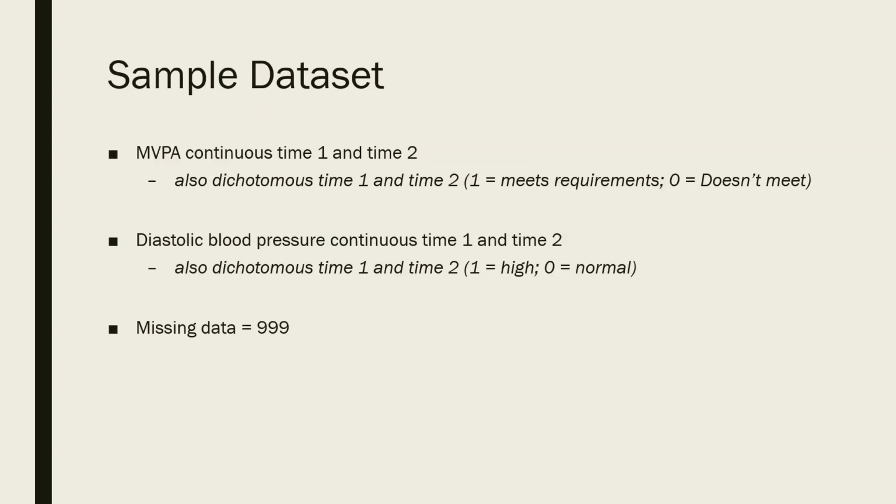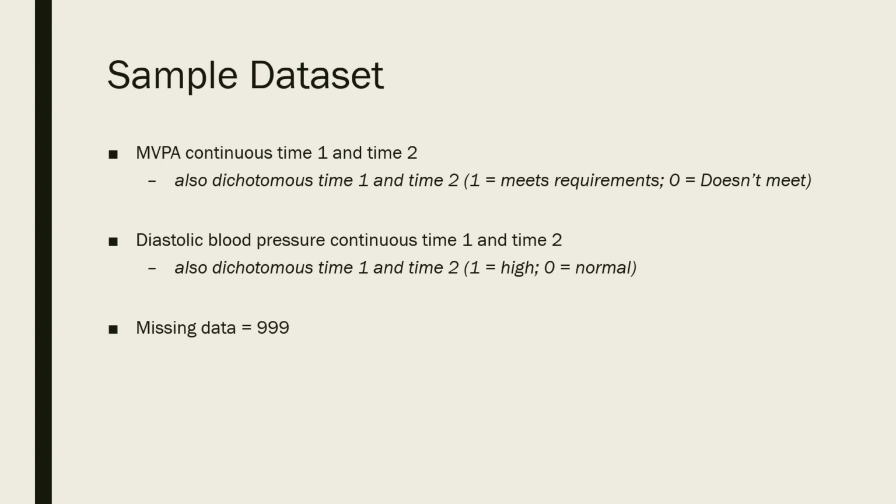Okay, so again, I did post a very small, simple data set. I think it only has 3 variables. But I just wanted to give you a few clues, because I do want you to explore it and try to interpret it. MVPA is moderate to vigorous physical activity, and I have the variable for time 1 and time 2 in 2 different ways.